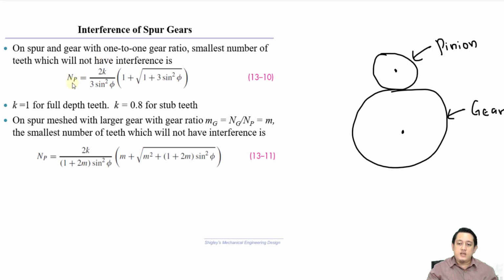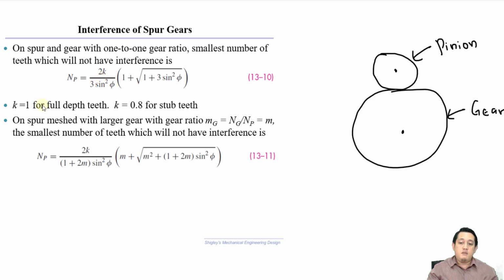NP, the number of teeth of the pinion, equals NG because it is the same gear ratio. NP equals 2K over 3 sine squared, where this angle is the pressure angle.